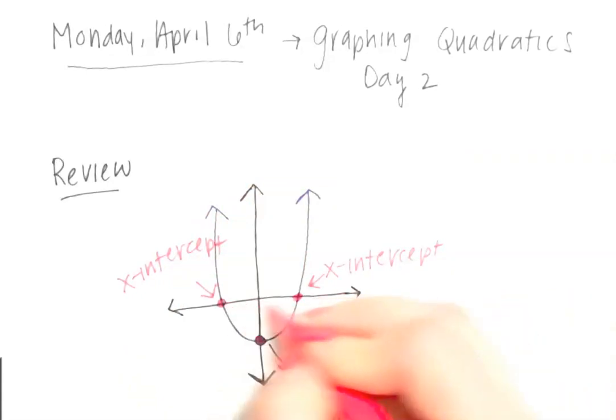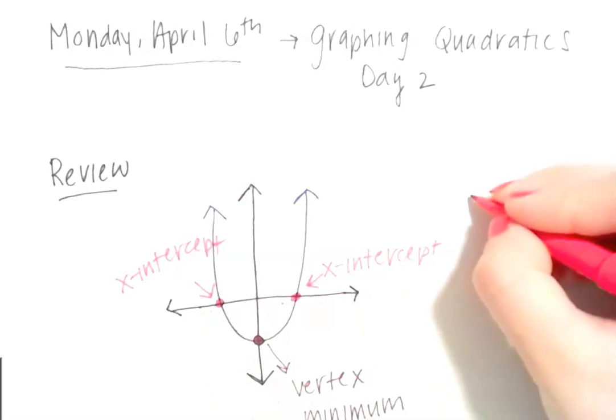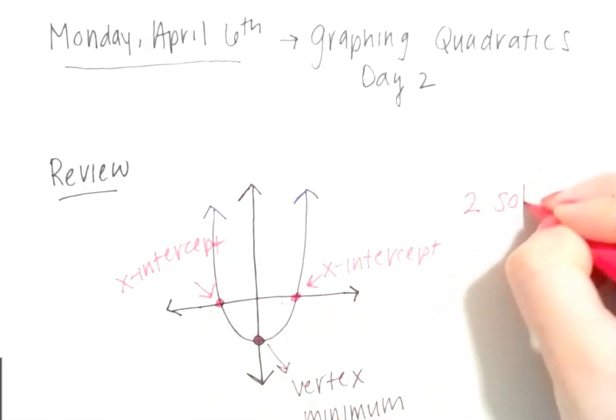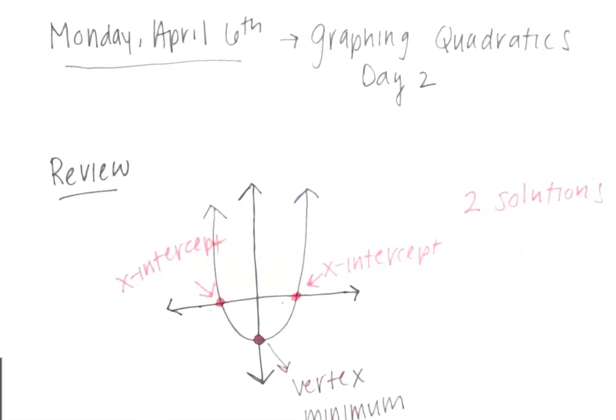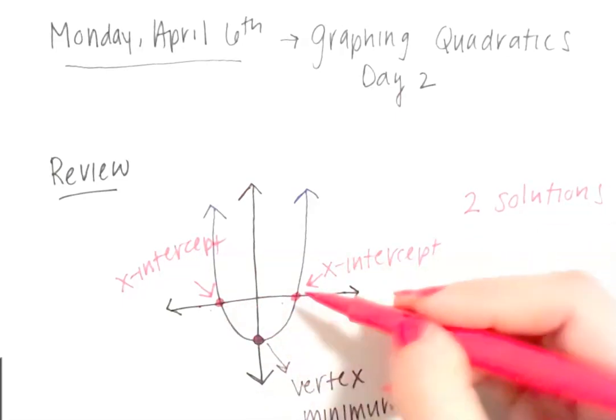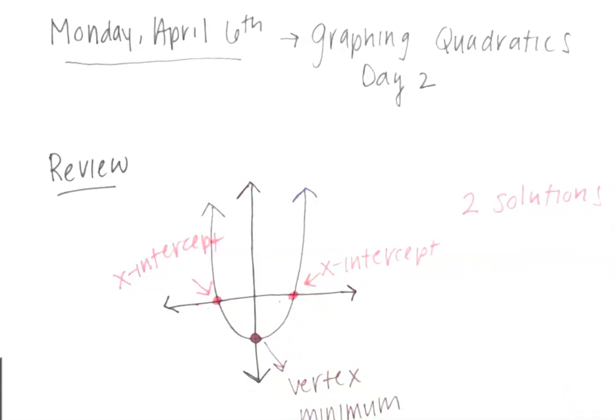Wherever it touches the x-axis would be our solution. So this one would have 2 solutions, 2 answers. We'll talk about that more later on, probably on Wednesday. This one has 2 solutions, and we said it opened up. That's pretty much everything we talked about last week.